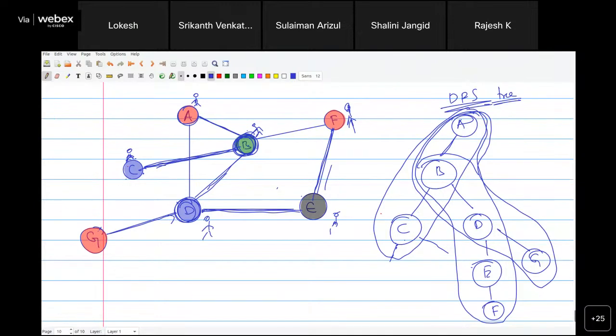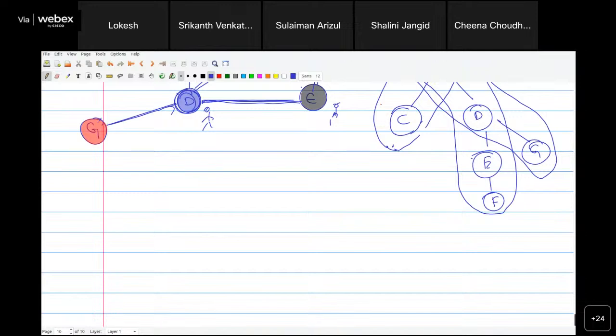If there is an unexplored vertex adjacent to C, then that would have come in the same branch only. That is why different branch vertices will not have a common edge.